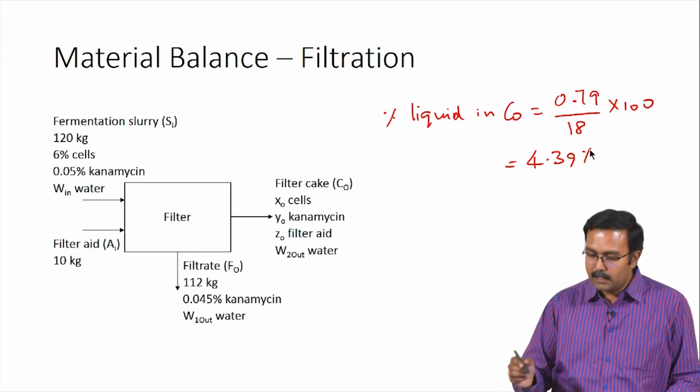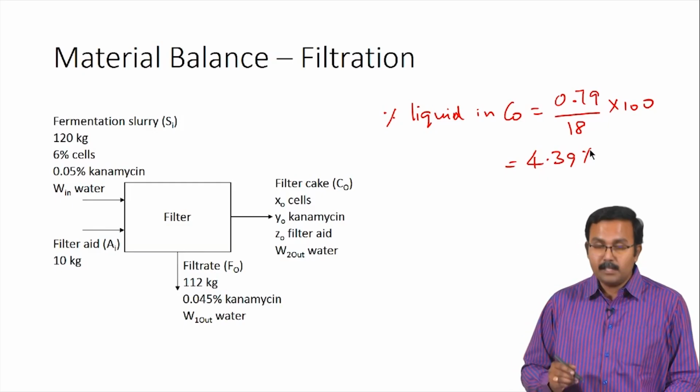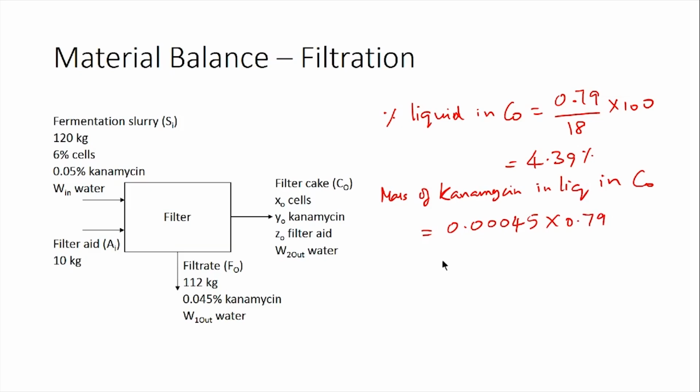We know the mass of water is 0.79 kilograms and the concentration of kanamycin in this would be 0.045%. So, the mass of kanamycin in the liquid present in C0, which is the filter cake, would be 0.00045 times 0.79 kilograms, which is the mass of water. So, the total mass of kanamycin leaving in the liquid is 3.6 times 10 power minus 4 kilograms.